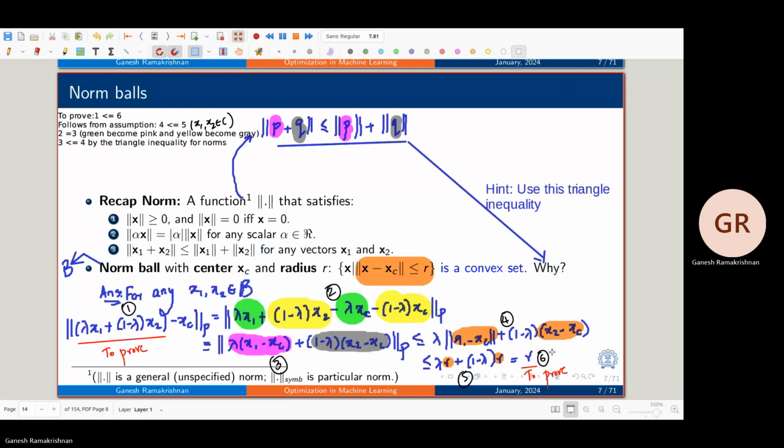This is assuming that the norm of x1 minus xc is less than or equal to R, and the norm of x2 minus xc is less than or equal to R. Just for any norm, we want to show that.